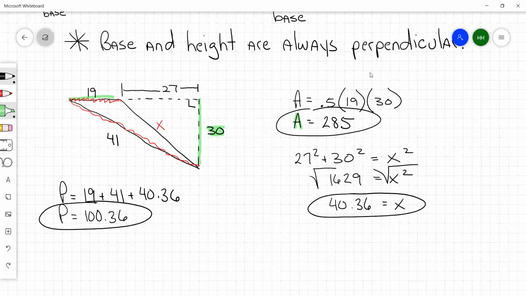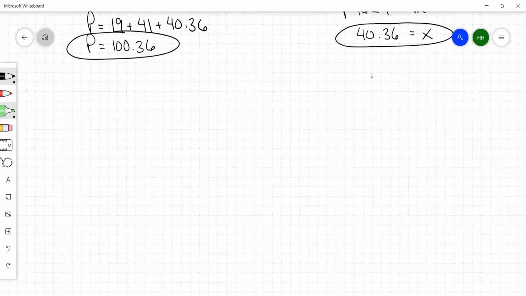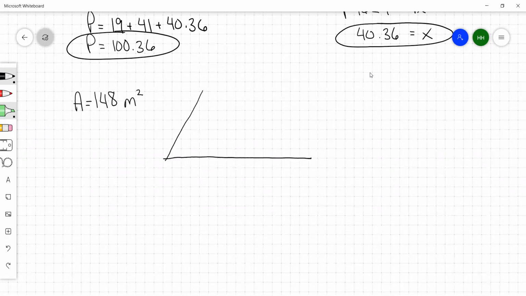All right, let's do one more example working with these triangles. Let's say on this triangle that the area is equal to 148 square meters. Let's say that this is our triangle.